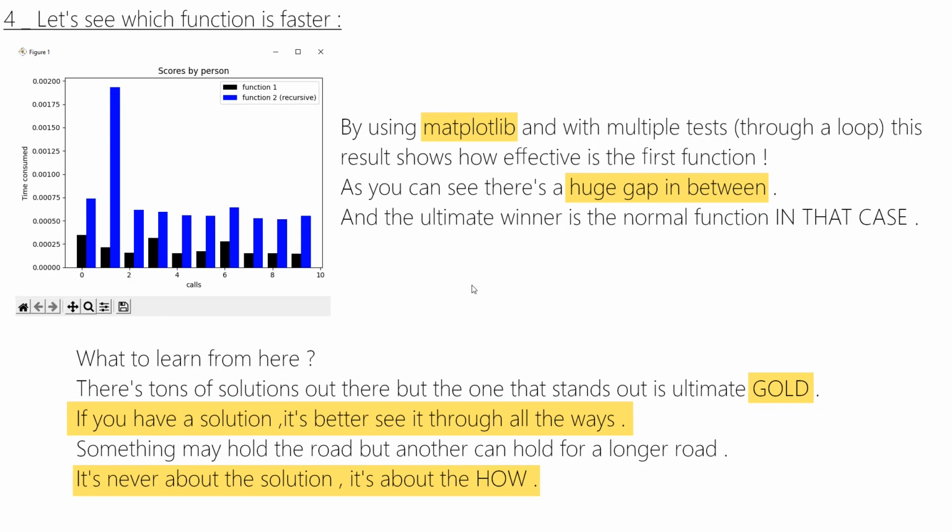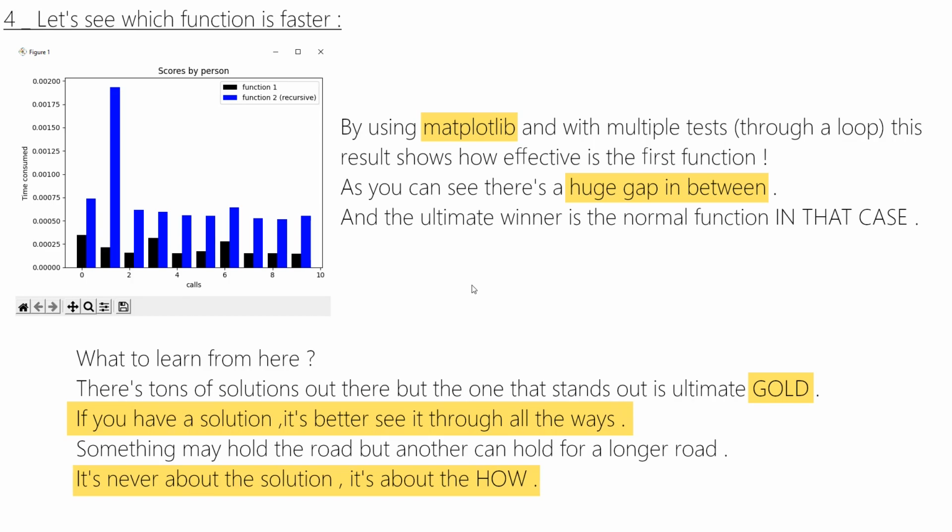There are tons of solutions out there, but the one that stands out is the ultimate goal. So you have to keep it in your pocket. If you want to solve something, you have a pocket of your own solutions that you know what they can do. It is a special pocket that you would use, and it would give you better results.